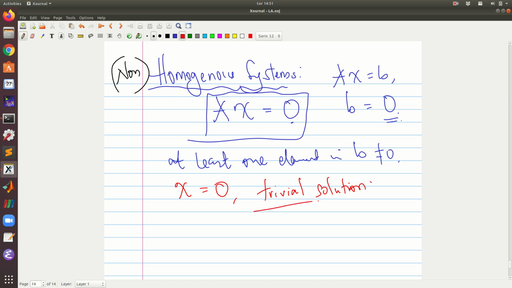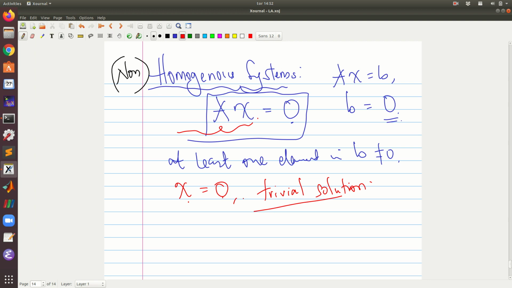So under certain conditions, this homogeneous system will give rise to the trivial solution. However, it is not the case that at all times it will.